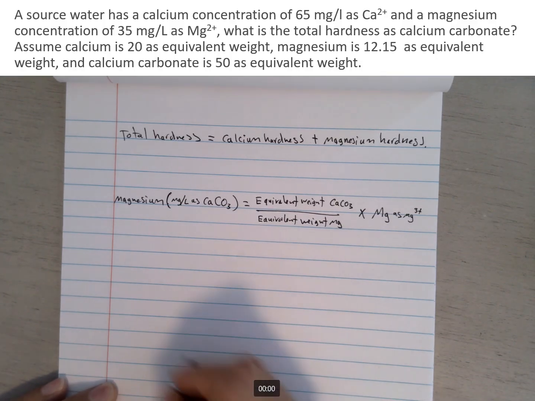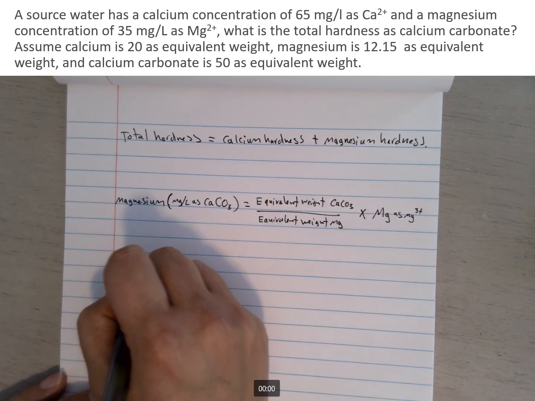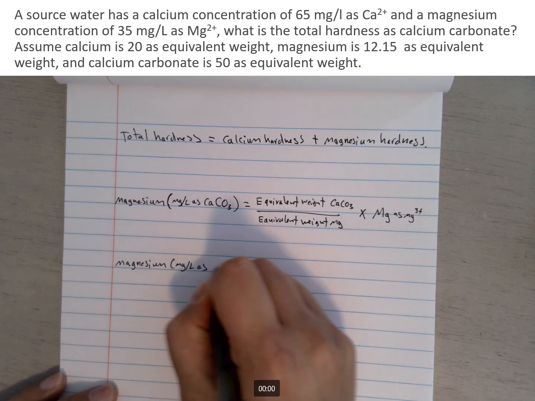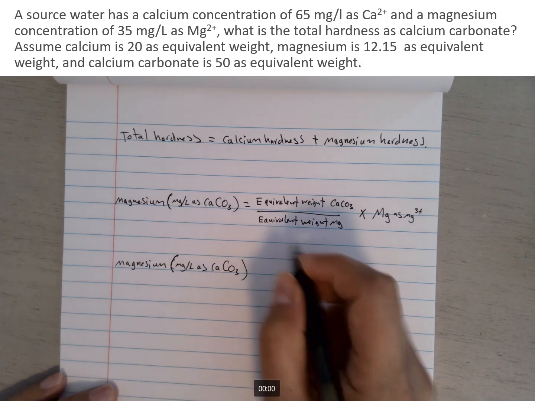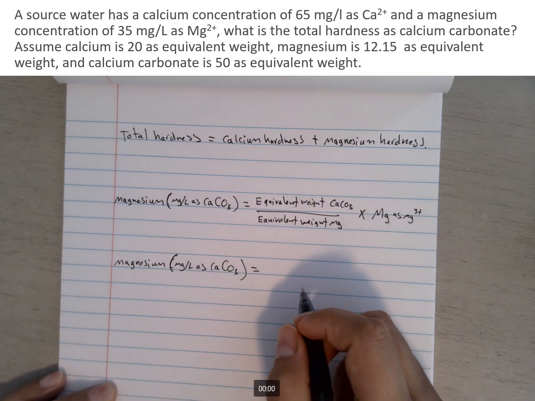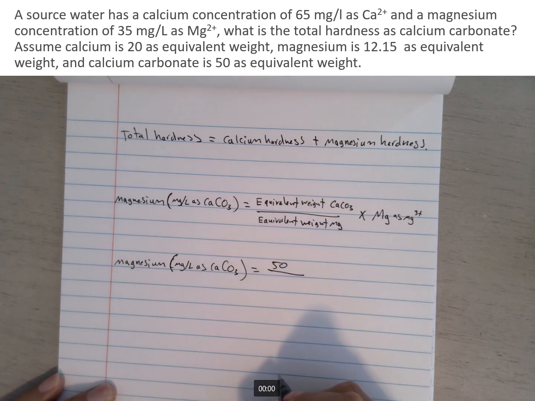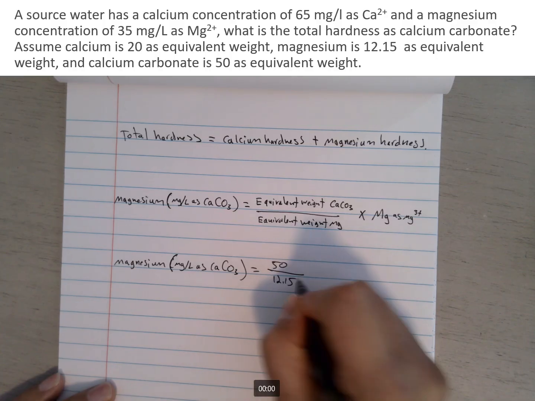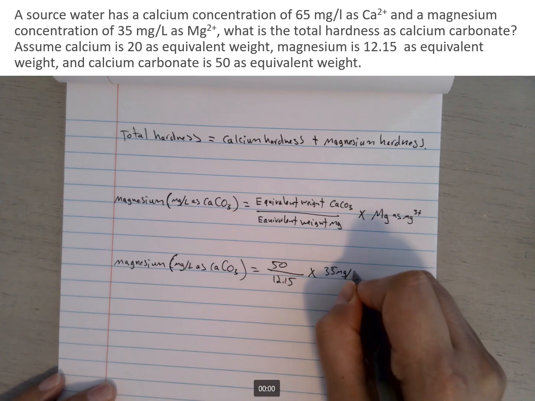So let's find the concentration of magnesium as calcium carbonate. We're given that the equivalent weight of calcium carbonate is 50, that goes on top, divided by the equivalent weight of magnesium, which is 12.15, and we multiply all that by 35 milligrams per liter.